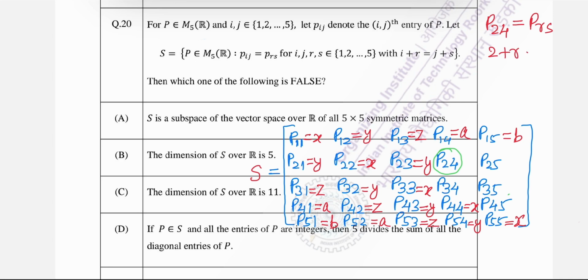According to this, 2 plus R equals J, 4 plus S. So R minus S is 2. And you see I take one entry where R minus S is 2. I show you in yellow enclosure. Here R minus S is 2. So what does it mean? It is Z. So P24 will be equal to Z.